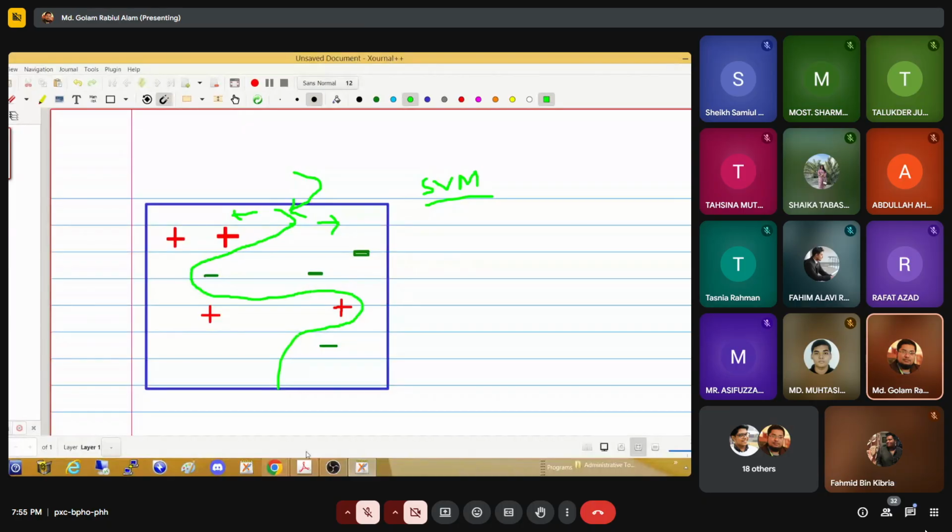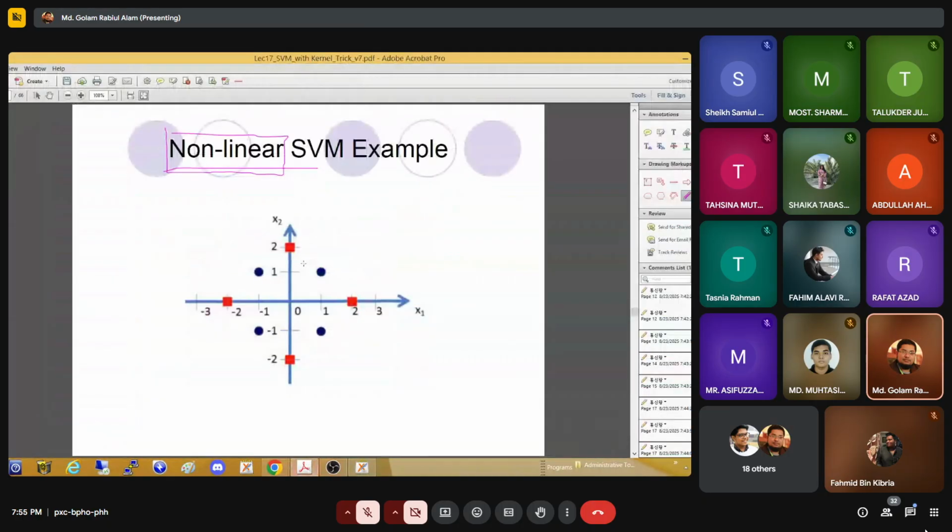Okay, then think about this example. Let's say our red squares are positive, and this is A. A is positive, and this is B, also positive. This is C, positive, and D is also positive.